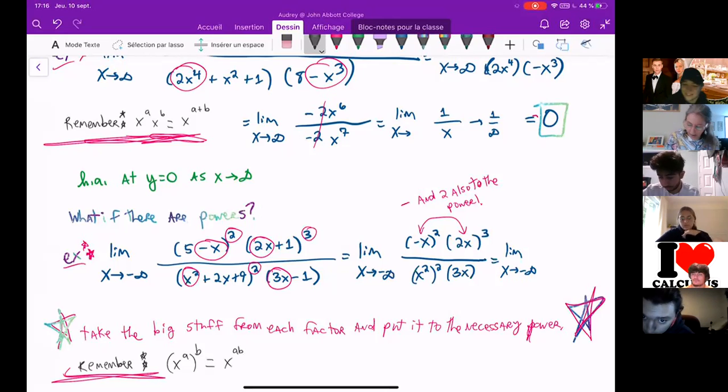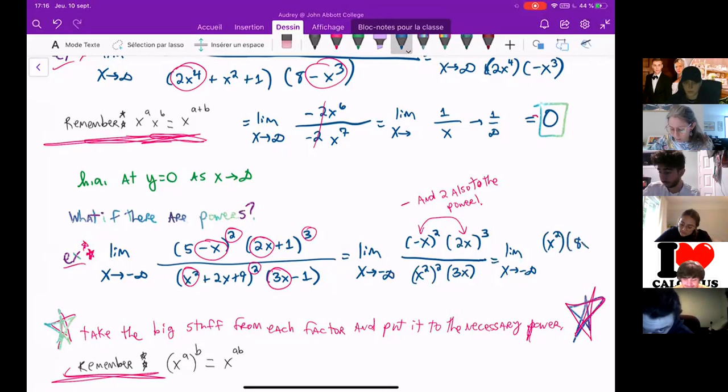So x to the a times b. So up here, be careful. This is what David was asking about a second ago, that negative x squared. So I'm doing negative x times negative x, it becomes positive. So I have x squared here. 2x cubed. The 2 is also being cubed, so I end up with 8x cubed.